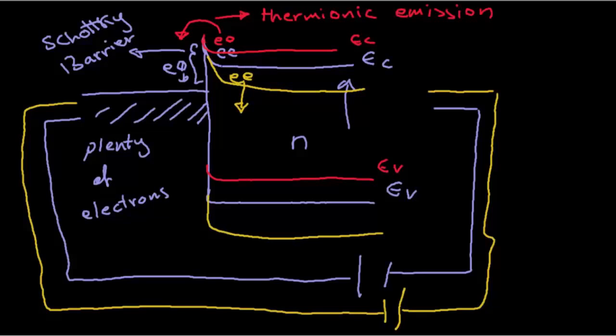So the movement of the electrons in here will become so restricted, they cannot move at all. However, some tunneling will happen, because here there are plenty of electrons, and here there are some vacant states. So some tunneling will happen from here to here, and this will give us a reverse current.